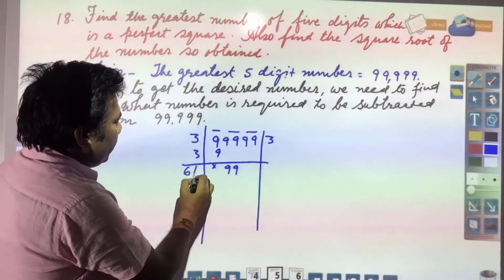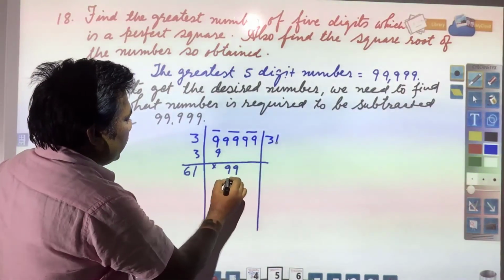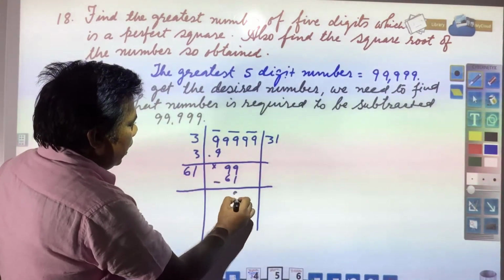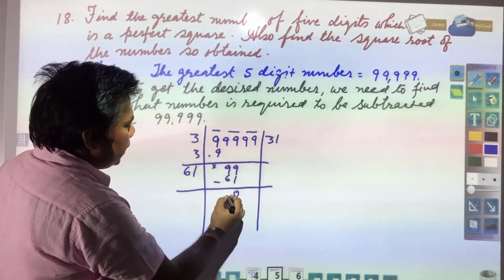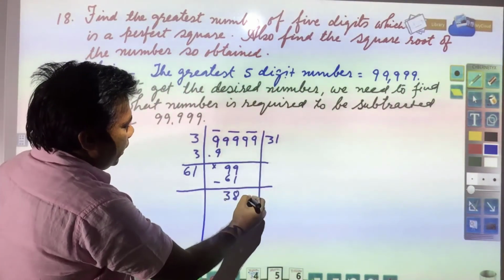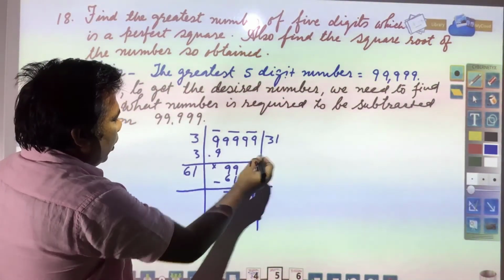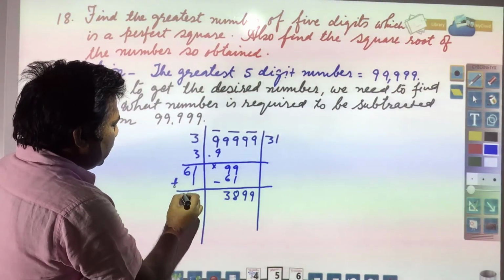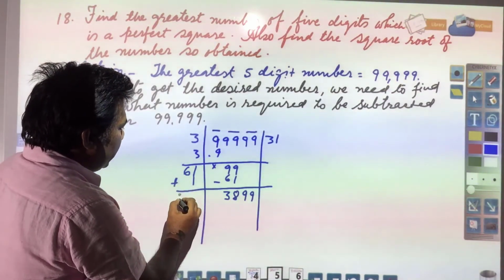Now one time it will go, so this will be 61, you subtract this, 8 and 9 minus 6 is equal to 3. Next period is required to be taken down. Now 1 is required to be written over here, is required to be added on this. So it will become 62.